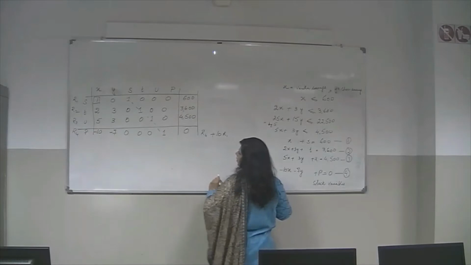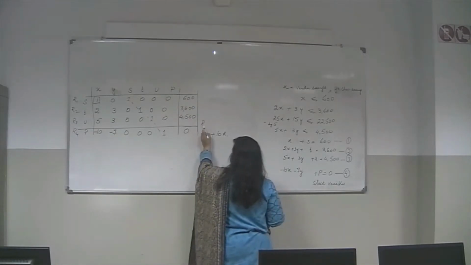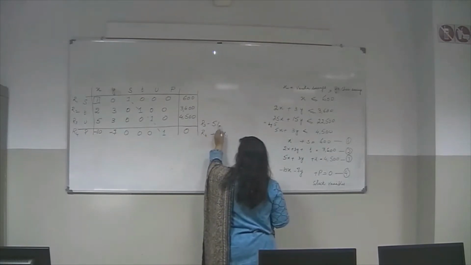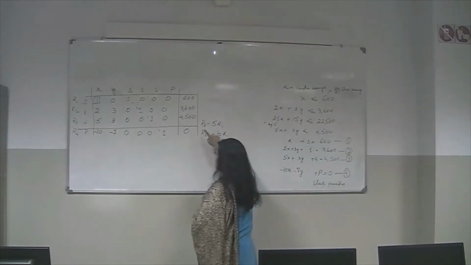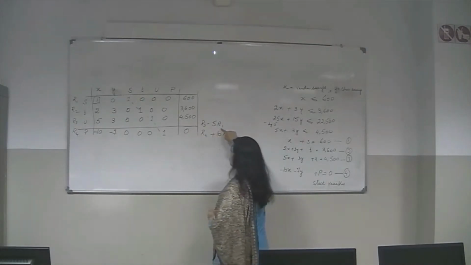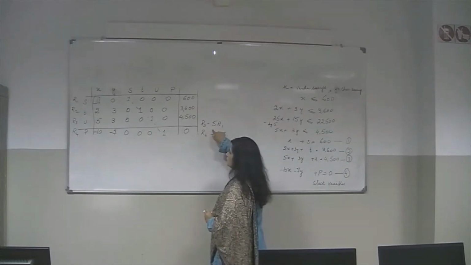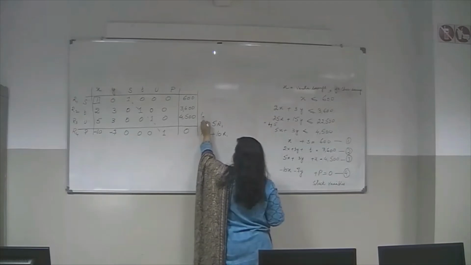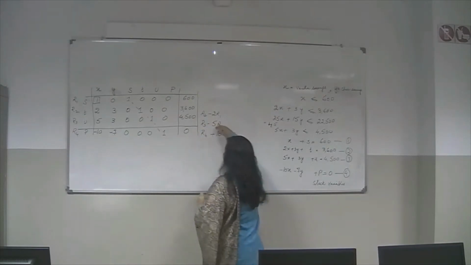So this is R3, and we have minus 5R1 in this case, right? Because when you multiply 5 with row 1, then you can subtract it and you get 0 out of this. Then we have again R2 minus 2R1, because then you can obviously get 0.